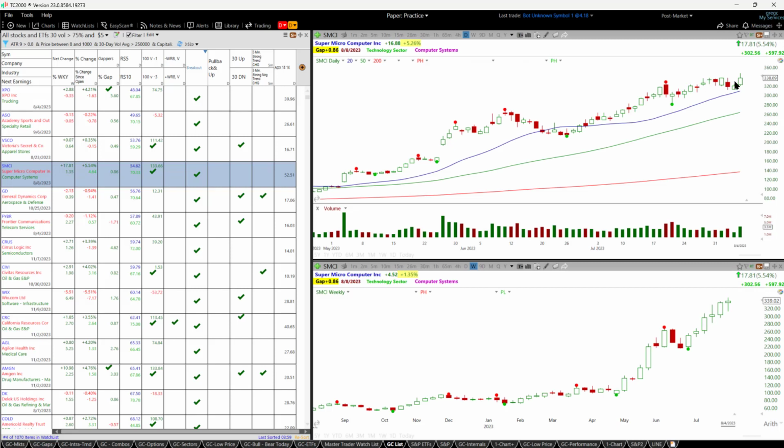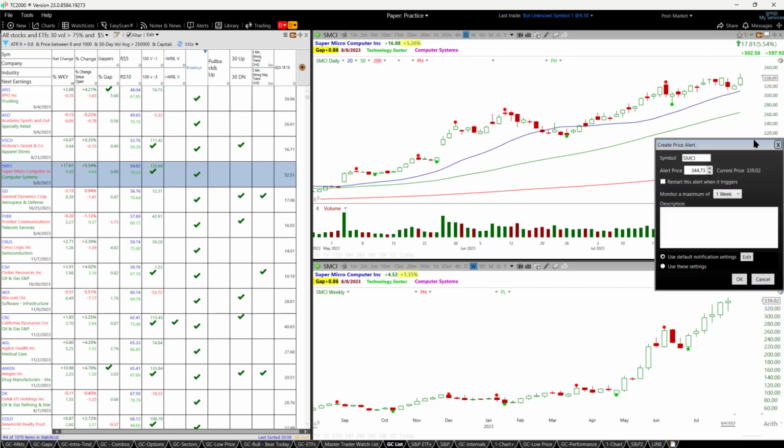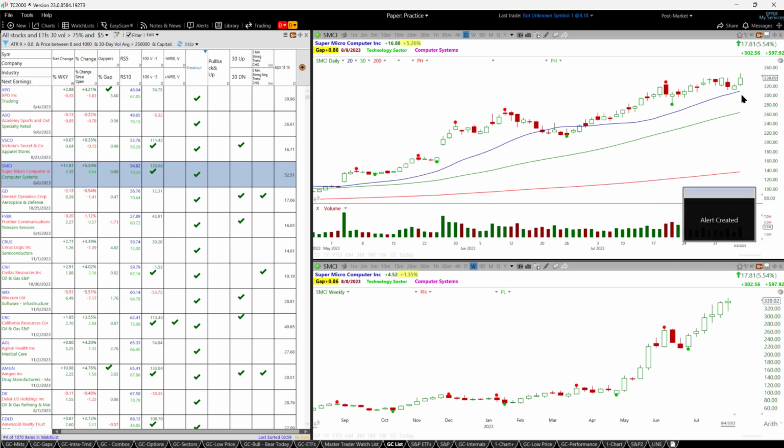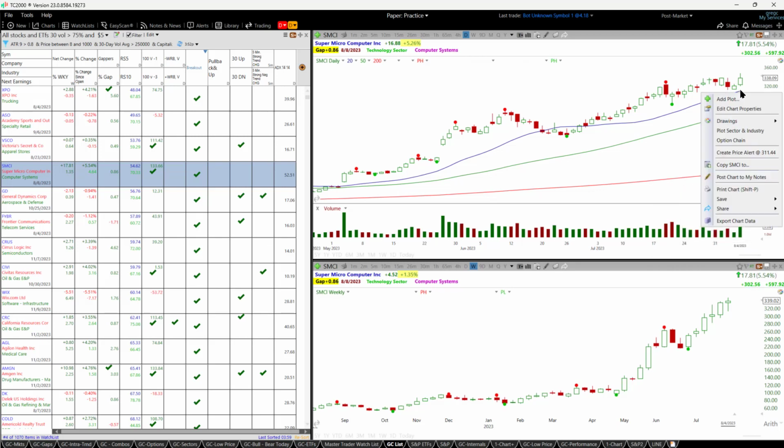Another breakout. I think that's a long enough consolidation. This one is related to AI. It's been doing really well. It's a little extended. Probably needs a bullish market environment to go higher. I'm going to set an alert up above. And you know what? I'm going to set an alert on this down below.